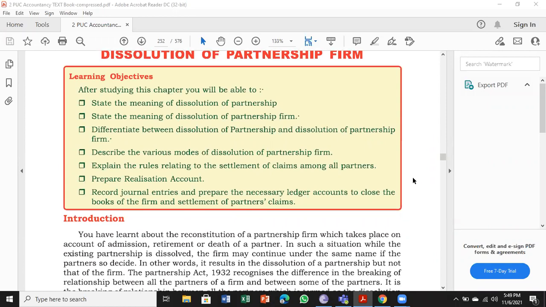In this chapter, you're going to learn the meaning of dissolution of partnership, the meaning of dissolution of partnership firm, the difference between the both, the various methods to dissolve a business, the rules of settlement of claims among partners, how to prepare the realization account, etc.